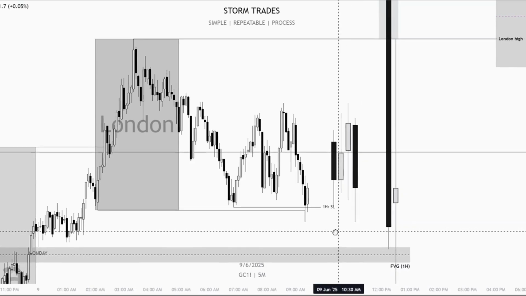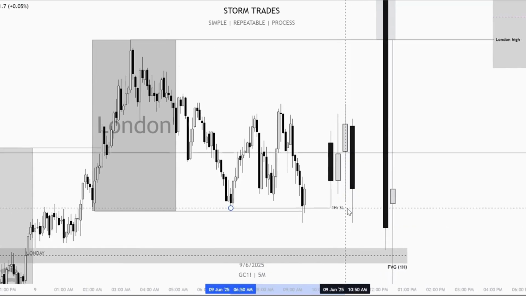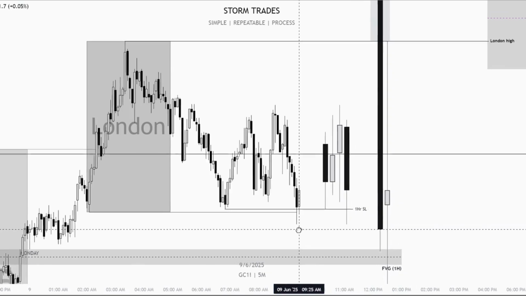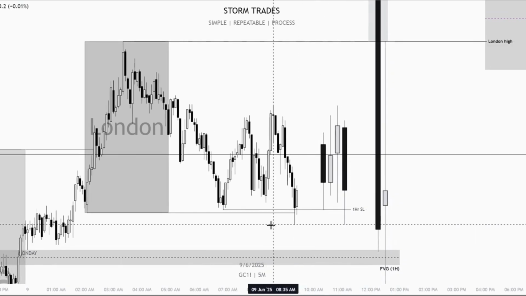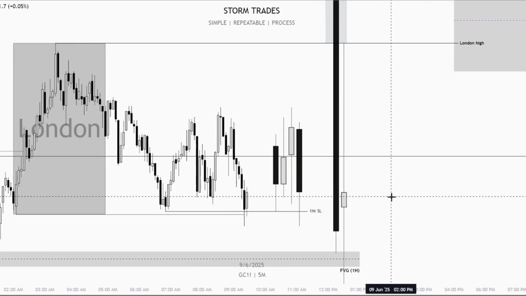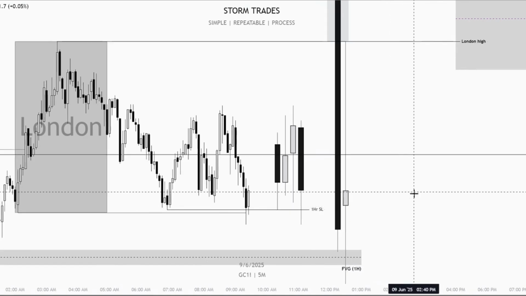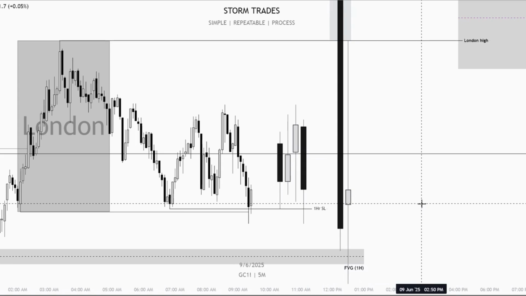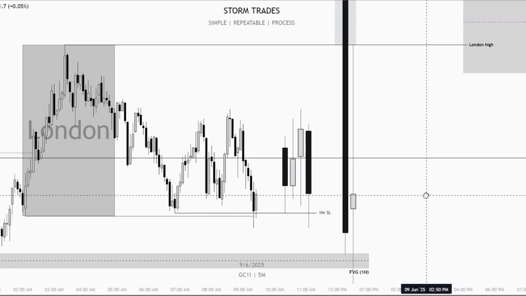There we go. So there's the hourly swing low sweep. That's my first requirement. And then I start looking for a change in the state of delivery on the M5 timeframe.